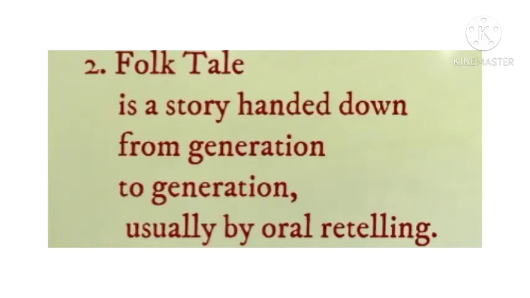A folktale is a story handed down from generation to generation, usually by oral retelling. It tells something that happened in nature or conveys some certain truth about life. Some examples of folktales are Issun-boshi, The Boy Who Cried Wolf, Momotaro, and etc. The third type of narrative text is fable.